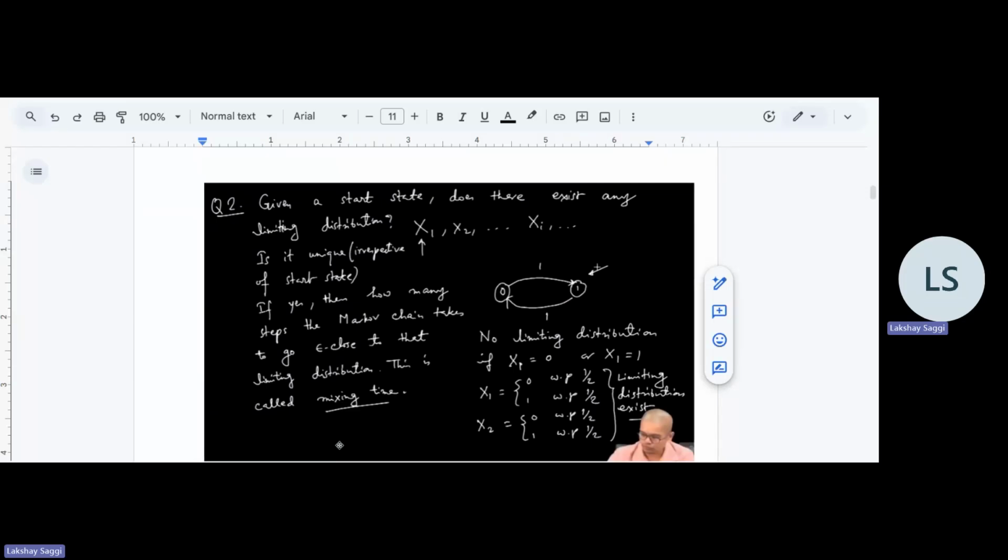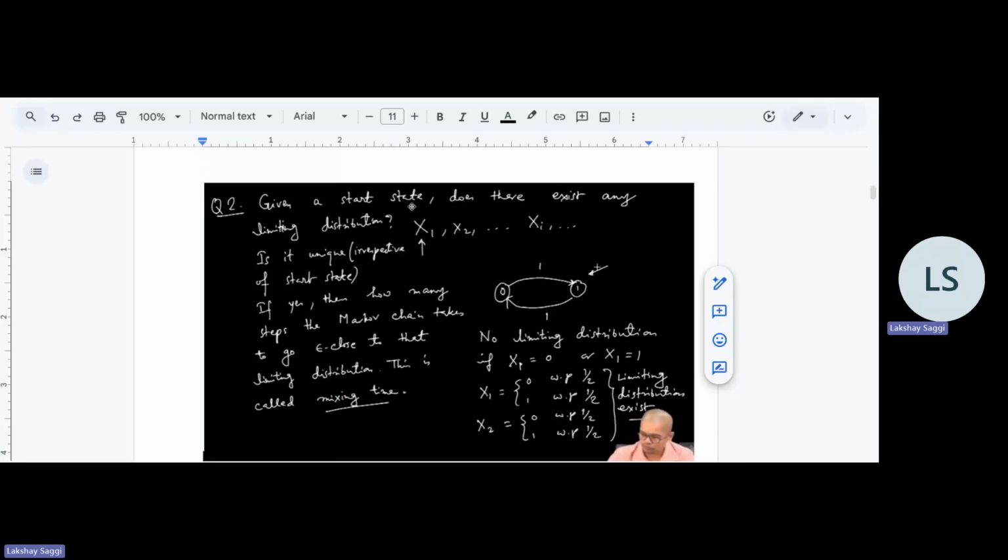But note that this notion of mixing time will only exist if there exists a limiting distribution, and if it is unique. Because if there are multiple limiting distributions, with respect to which distribution will you be taking the closeness?